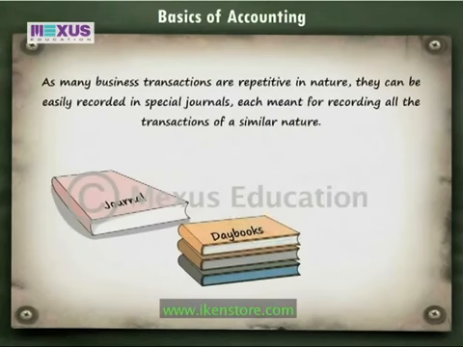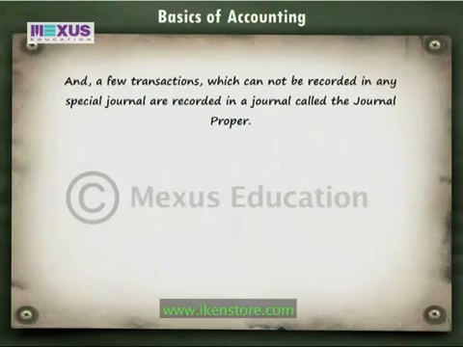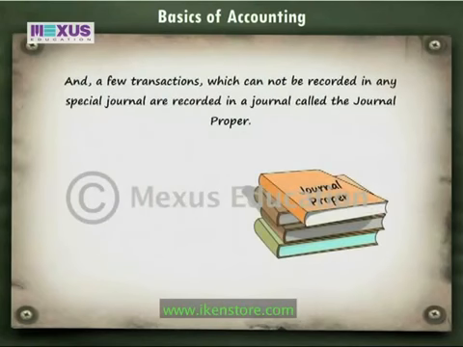As many business transactions are repetitive in nature, they can easily be recorded in special journals, each meant for recording all the transactions of a similar nature. And a few transactions which cannot be recorded in any special journal are recorded in a journal called the journal proper.